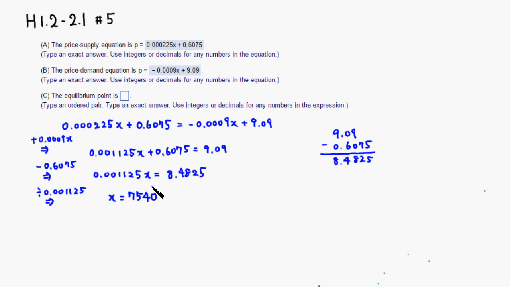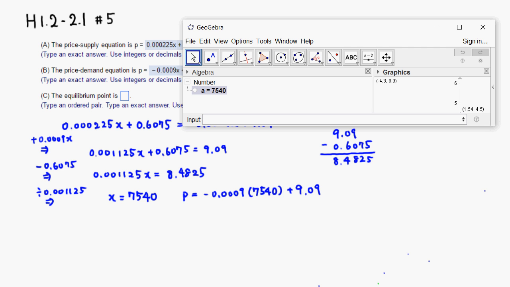Then the corresponding P, you can use either equation because it's going to be the same. So I'm going to use the bottom equation. So P is equal to negative 0.0009 times 7540 plus 9.09. I'm going to use GeoGebra for that one too.